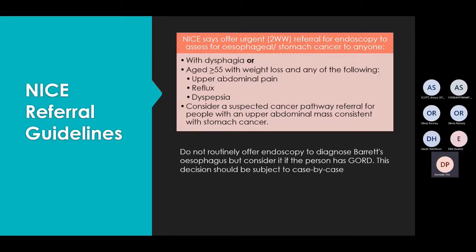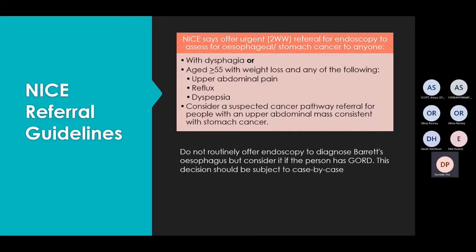This is because they may well have either a gastric cancer or an esophageal cancer, and it's important to examine them to see if there's any abdominal mass, because an abdominal mass would also merit referral for a 2-week wait endoscopy.